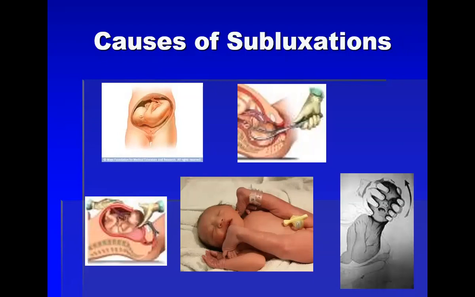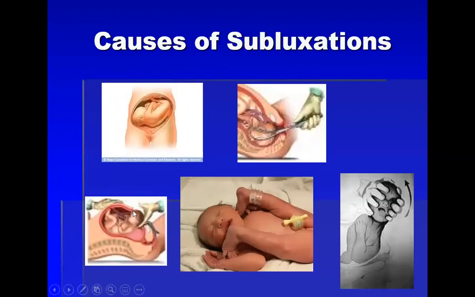So their head can go sideways, sometimes their head goes backwards, sometimes their shoulders go one way or another, their hips, their legs, different parts of their bodies start to get twisted around and compressed. And as a result of that, these babies come out with issues.